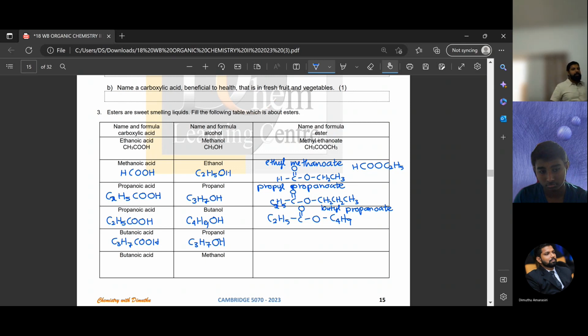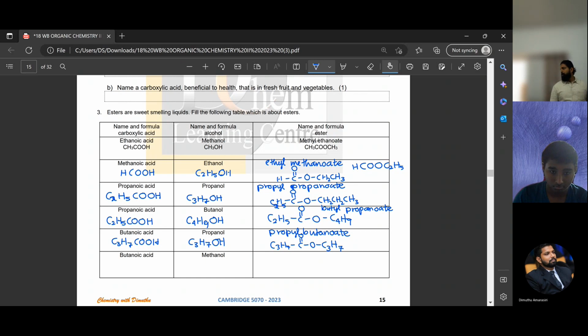Right? So what's the ester here? Propyl butanoate. Propyl butanoate. So what is the formula of the ester?